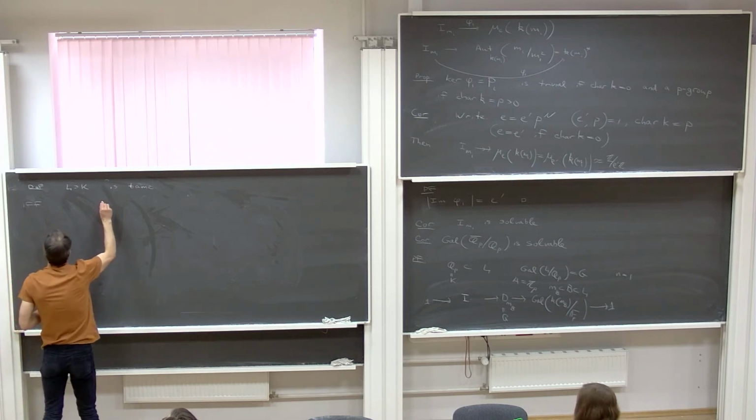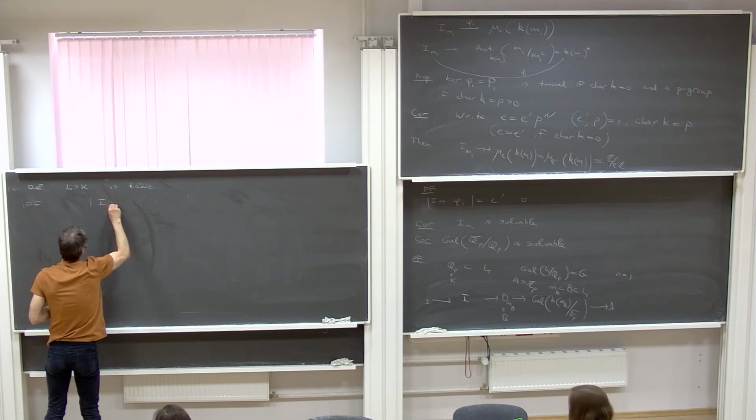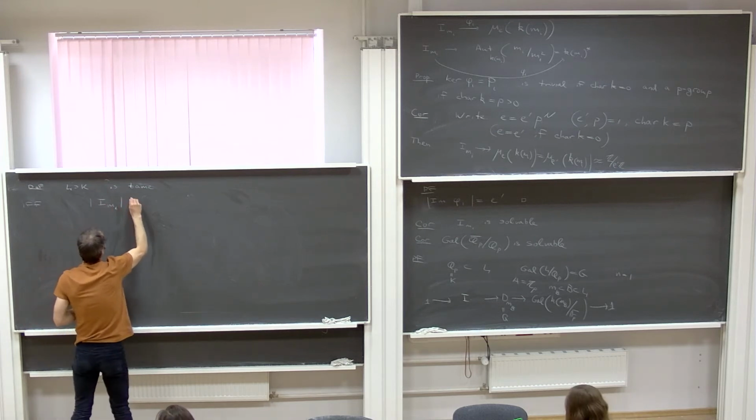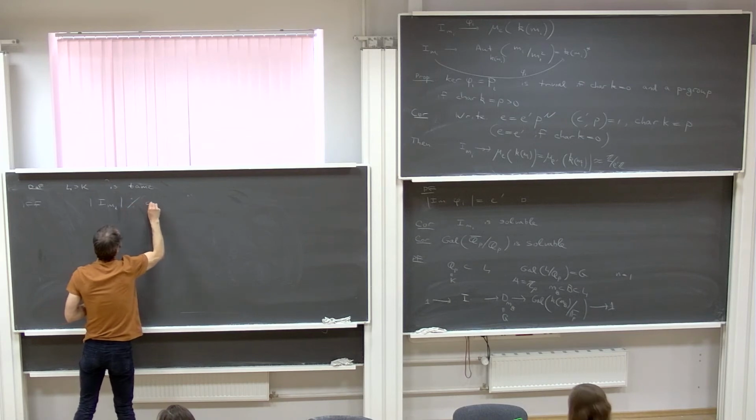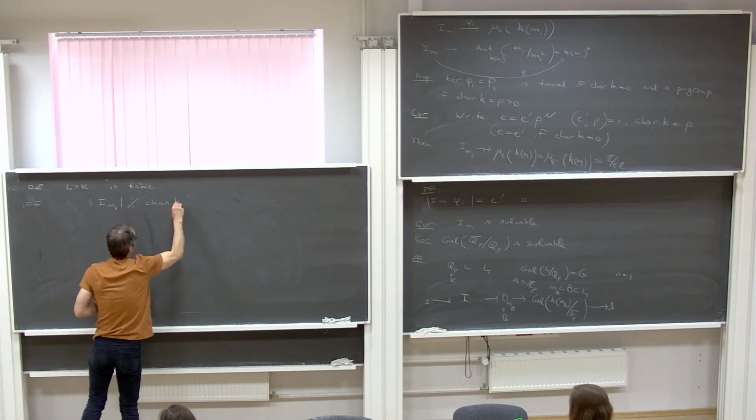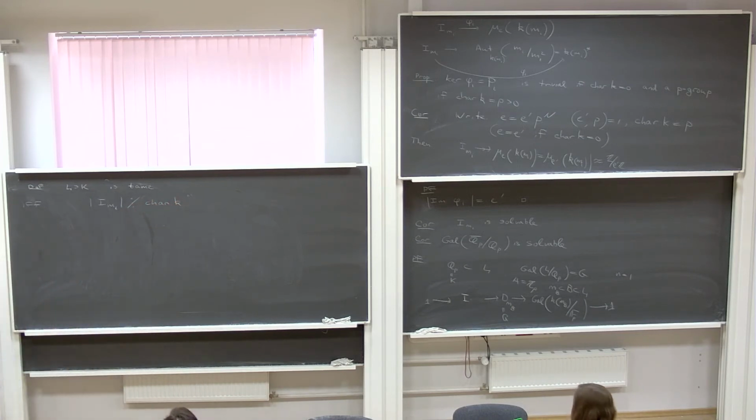The order of the inertia group is not divisible by the characteristic of the residue field. For example, if the characteristic is 0, then every extension is tame.